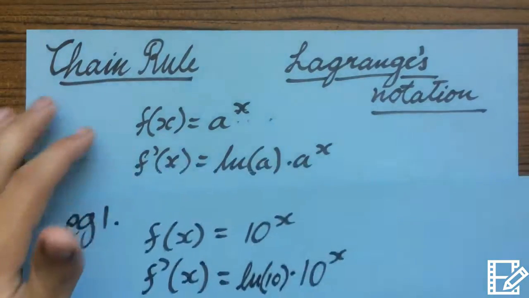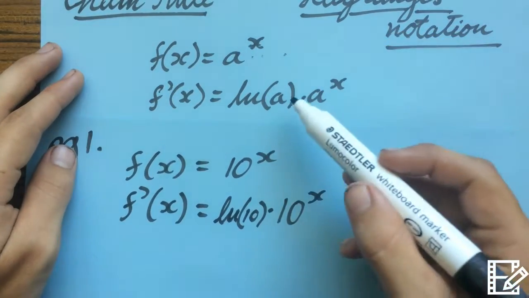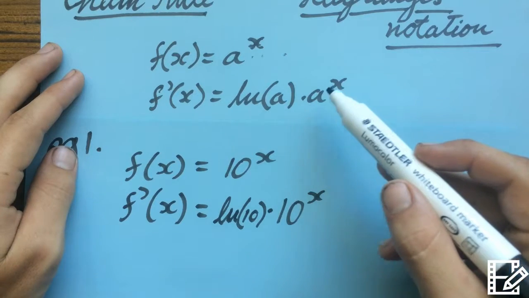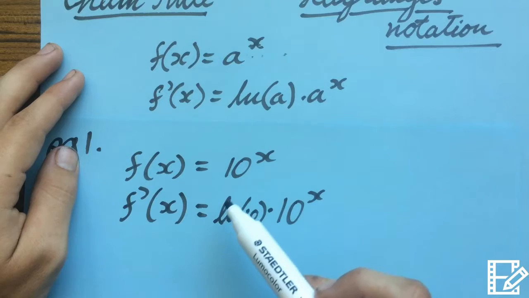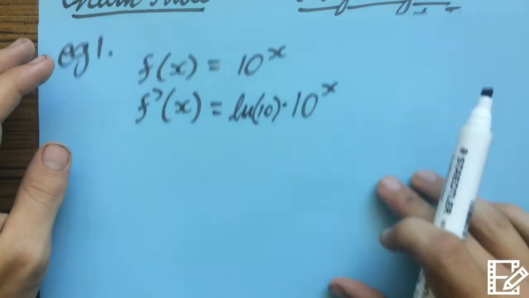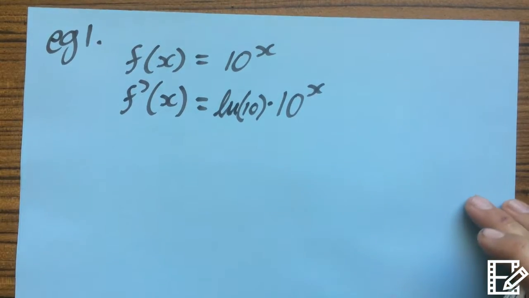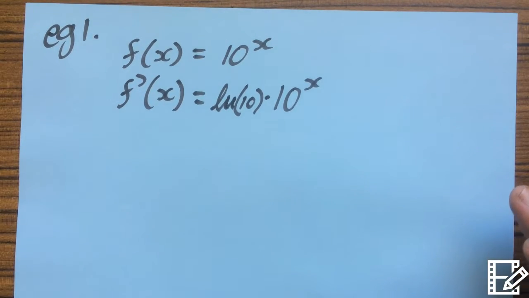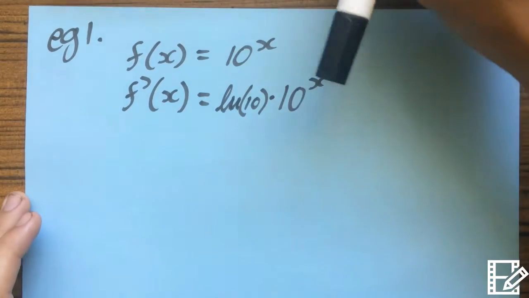Just like before, a to the power of x, you derive it, you get ln of a multiplied by a to the power of x. 10 to the power of x, when you derive it, you get ln of 10 multiplied by 10 to the power of x. That's just the rules we're following for these examples, and that's as simple as it. I will do a proof video on how that happens, but not today.